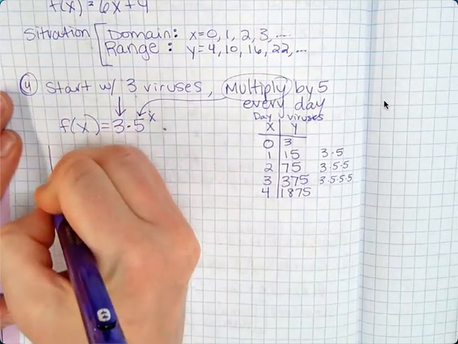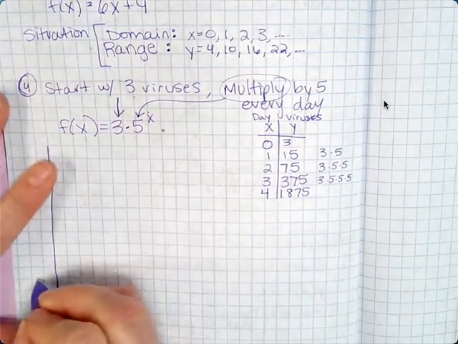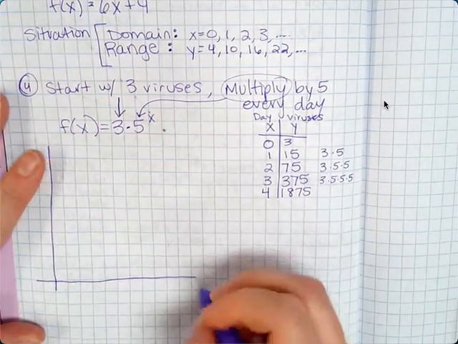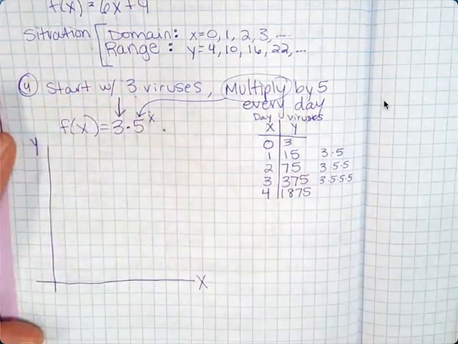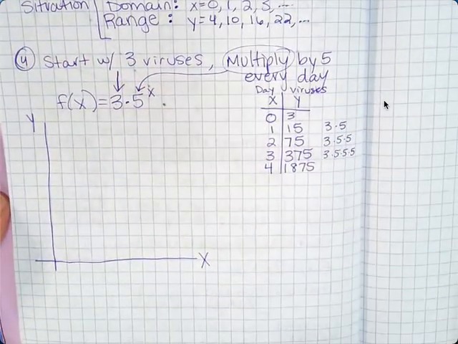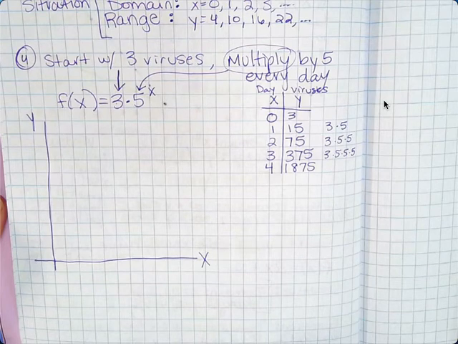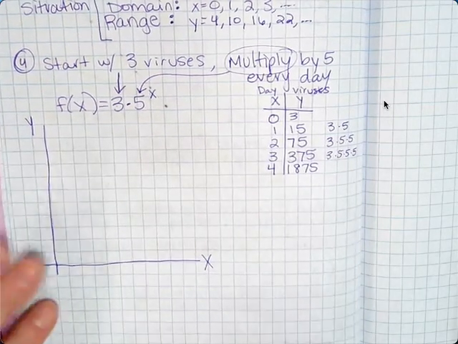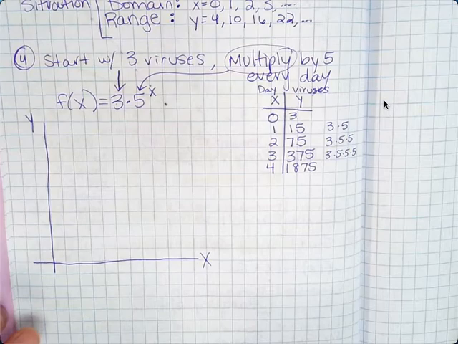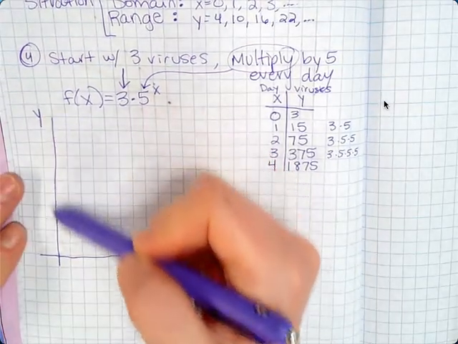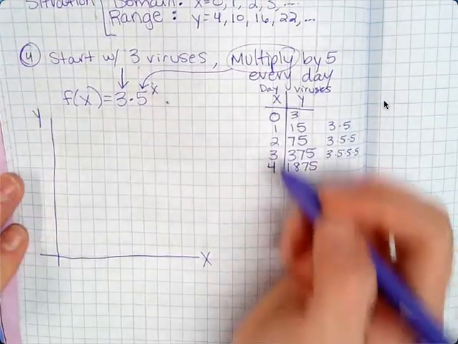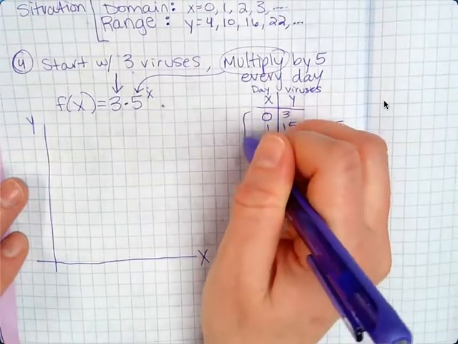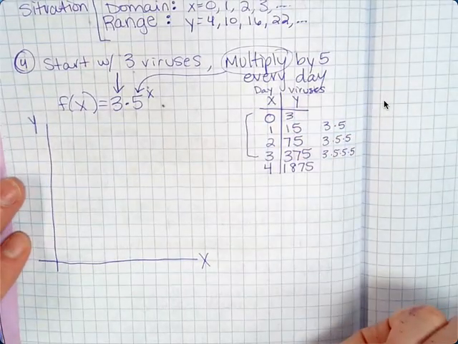Okay, so what I want y'all to do is make your quadrant 1. We need to make our window. So what do you think the y value should go by? What if we just do the 0 through 3?